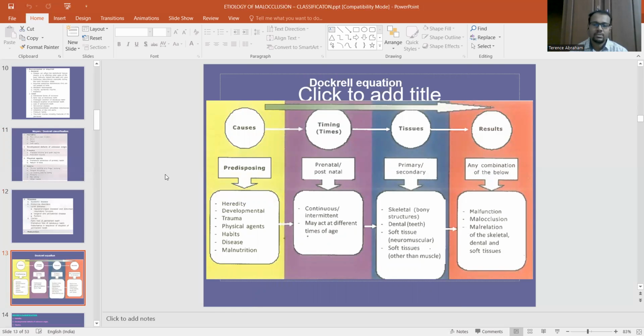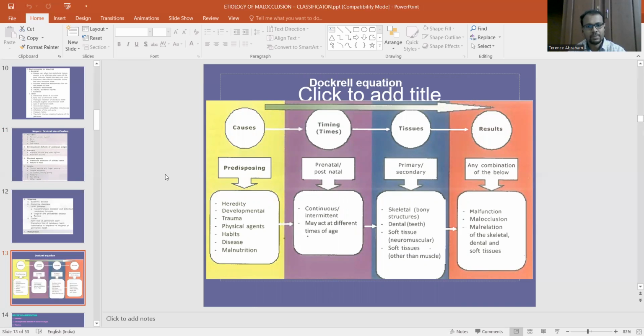Coming to the Dockeray equation, this equation states that for a malocclusion to occur, there will be a cause, that is the predisposing factors. These predisposing factors can occur either in the prenatal period or in the postnatal period, and they affect a particular tissue, either primary tissue or secondary tissue. All three factors are involved in the development of a malocclusion.